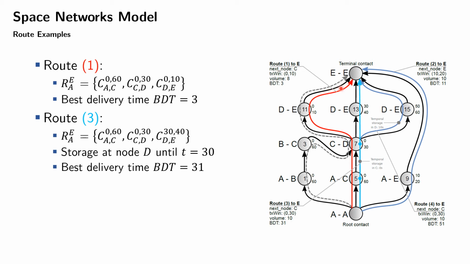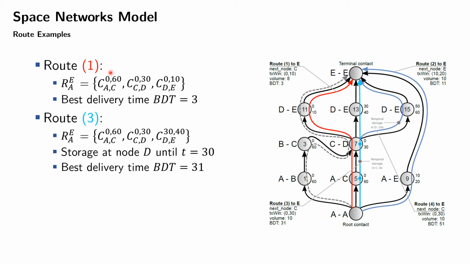That means that data goes from A to C, from C to D, and from D to E as the final destination. So as you can see, all contacts in this route start at time 0. So this means that in theory, we could use this route with basically no data retention in any of the nodes. This is because we are assuming that obviously we generate the data at time 0.